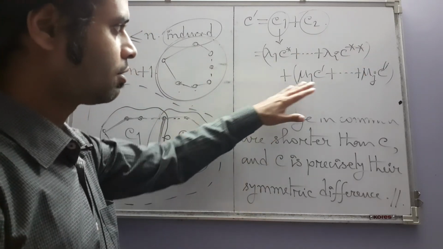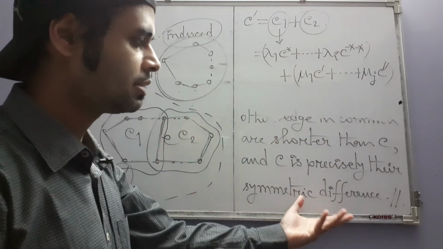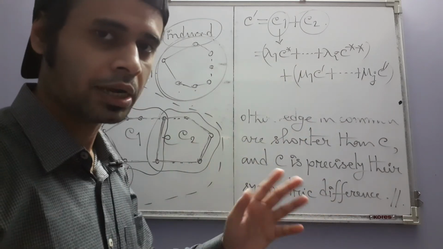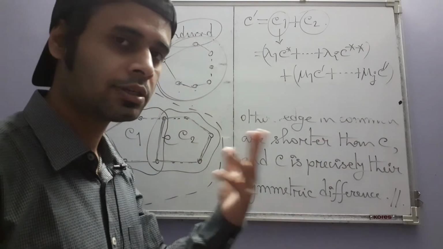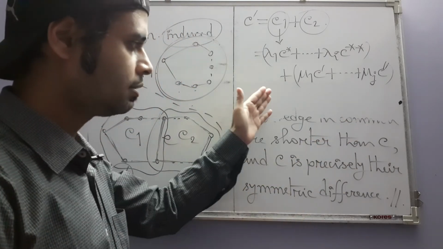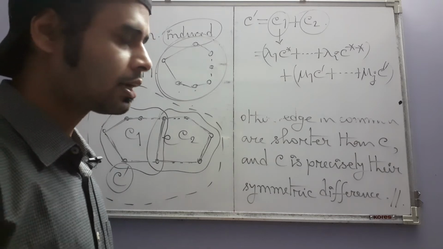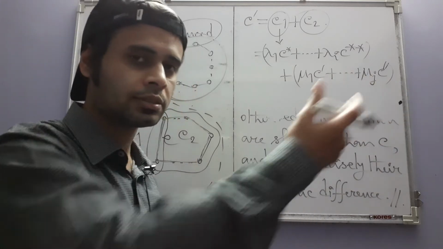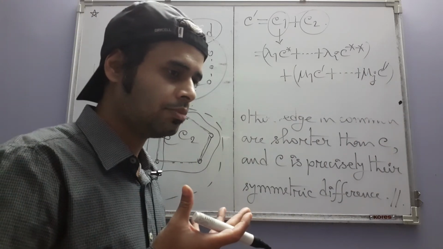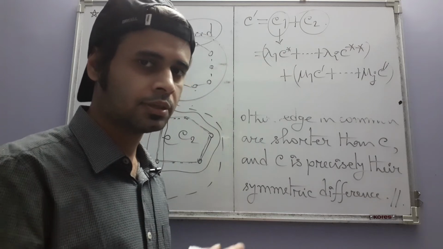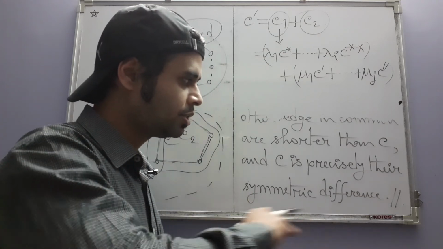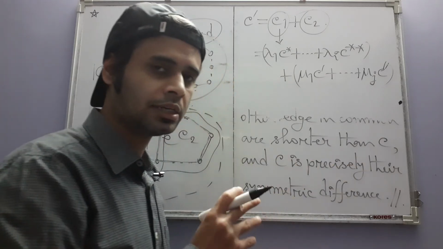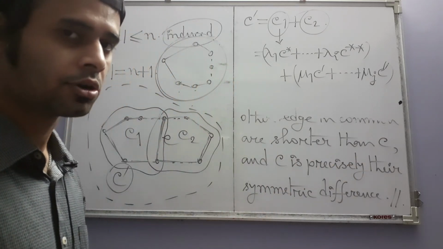So this completes the induction, and that's why the author is saying that by induction it follows that all the induced cycles also in fact generate the cycle space. It's like you have a topological space and you have a basis for the topological space, then you have a sub-basis also. So that sub-basis role is played by induced cycles here, or chordless cycles.